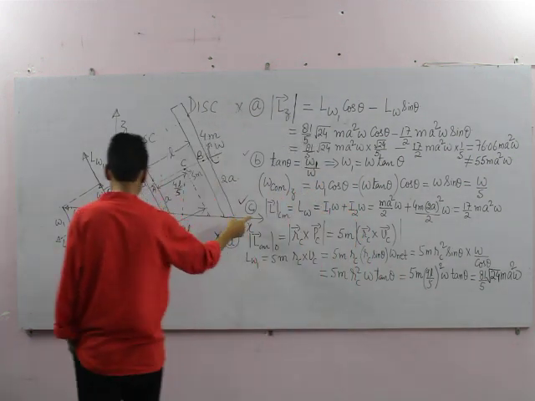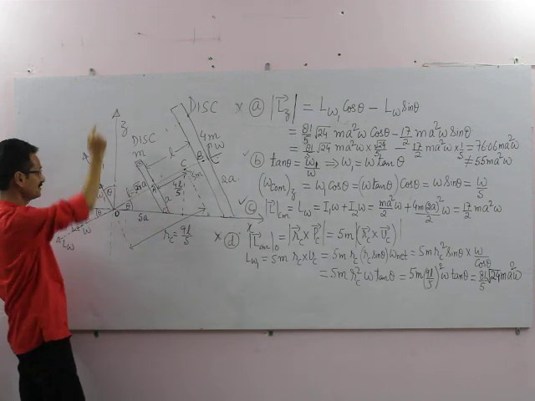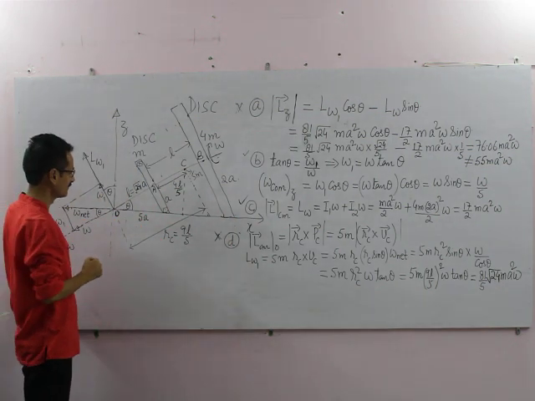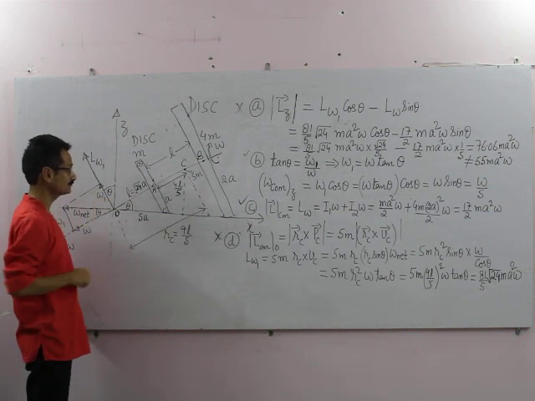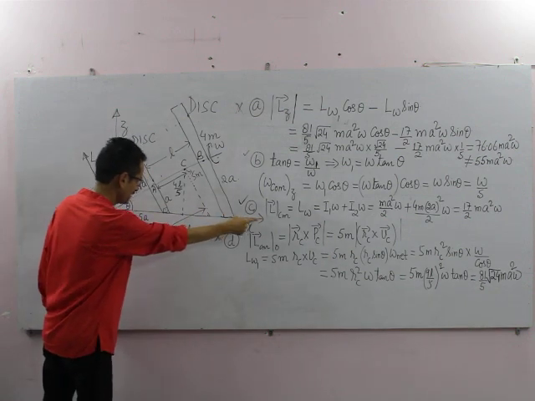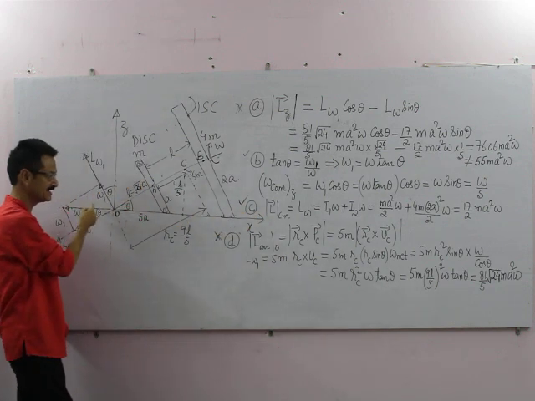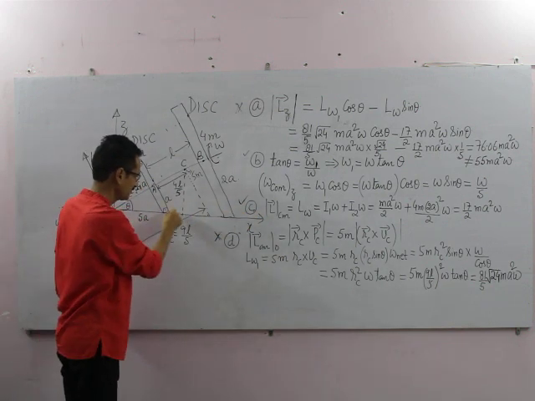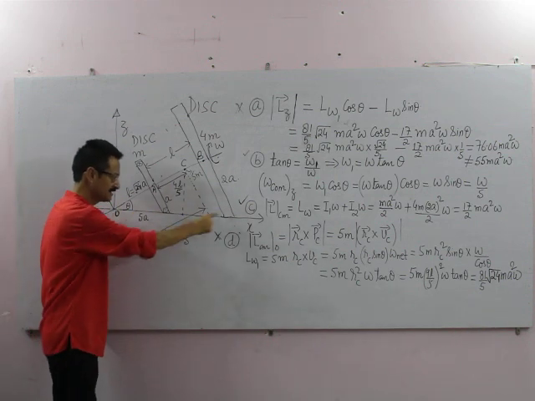So if you extend this line, this is the x-axis, this is the z-axis, and the y-axis must be into the plane. Now because these 2 points are at rest, if you draw an imaginary line like this, then this must be the instantaneous axis of rotation, because these 2 points are at rest at this instant. So fine, this is the instantaneous axis of rotation.